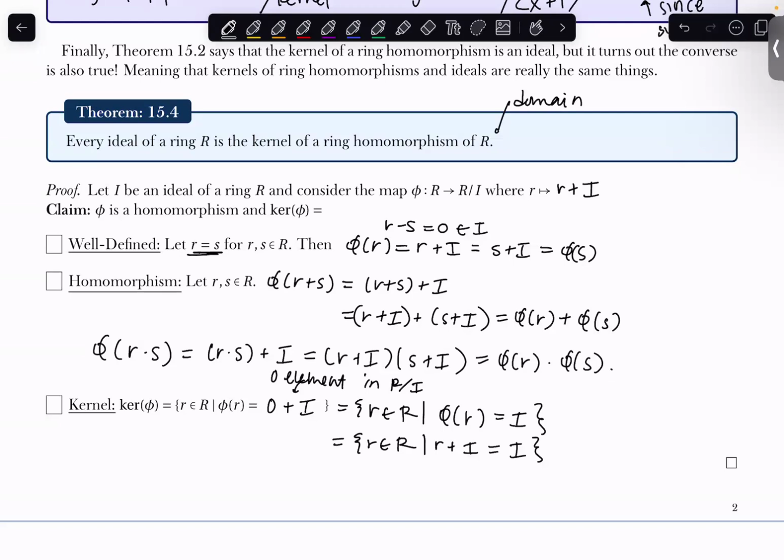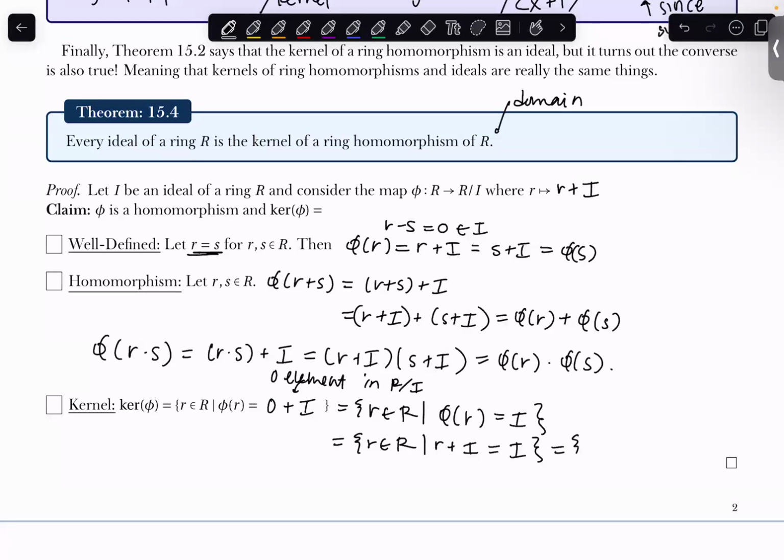We really should feel comfortable with these, but if we don't see it directly, we subtract the representatives here, and I really could have used my 0 plus I here. So here my representative is 0, here I have r, and the only way that these are going to be equal is if when I take their difference, they land back inside of I.